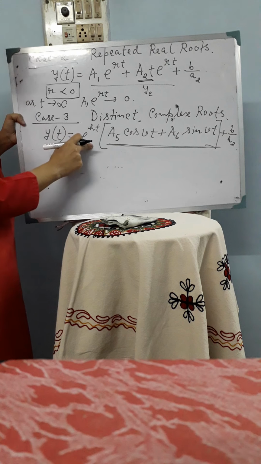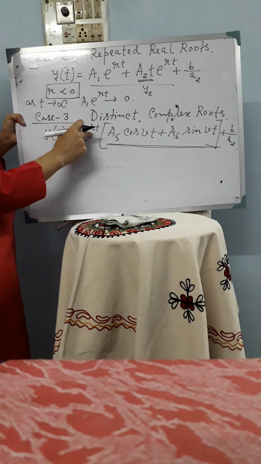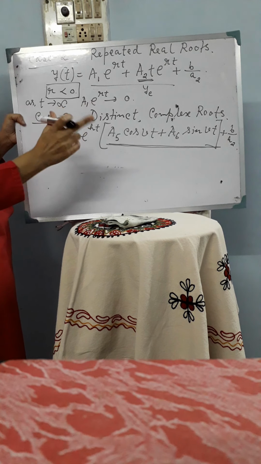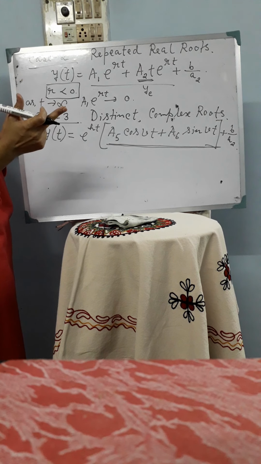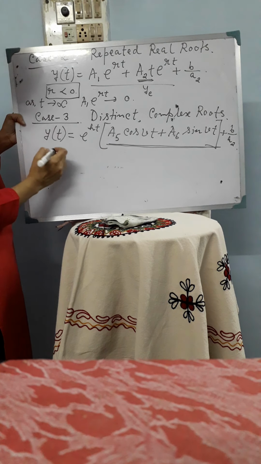Now there is a multiplicative term e to the power ht outside the bracket. Depending on the value of h, we will get divergent equilibrium, convergent equilibrium, or uniform equilibrium. So the time path will be either divergent or convergent, or the time path will be uniform.